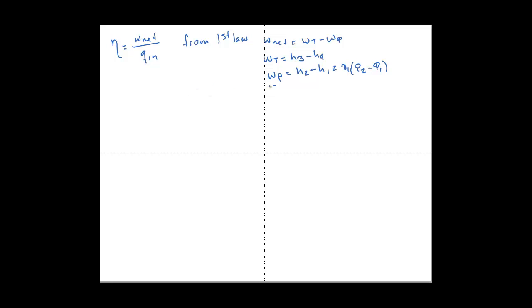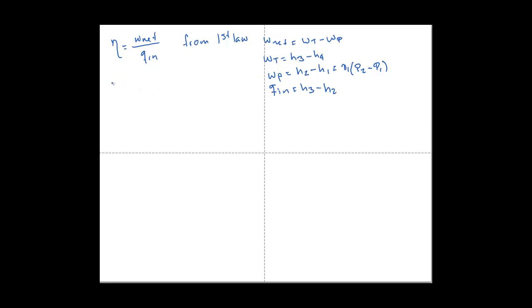Since we don't have compressed liquid tables, we are going to use this approximation. And for the heat input, we just have the enthalpy difference between the outlet of the boiler, state 3, and the inlet of such boiler, state 2.